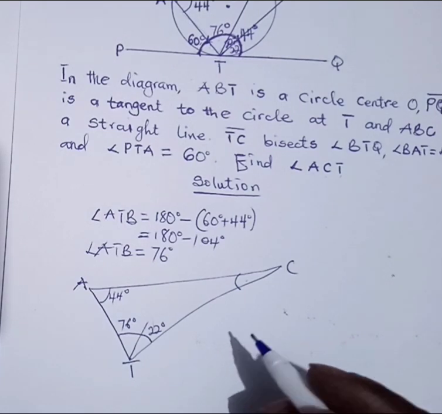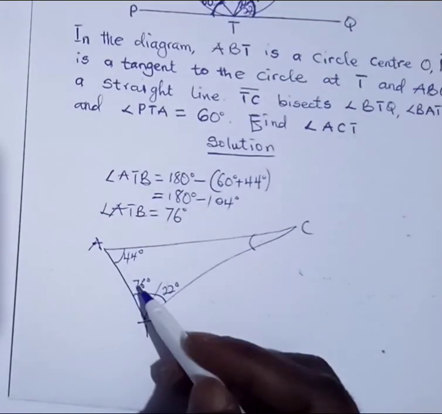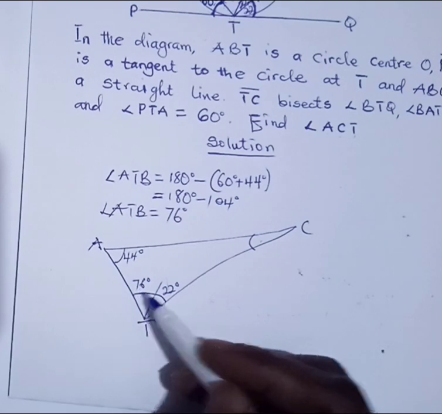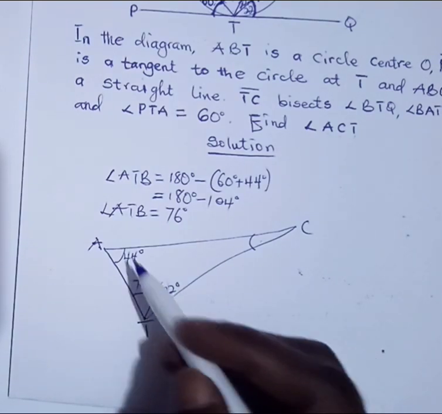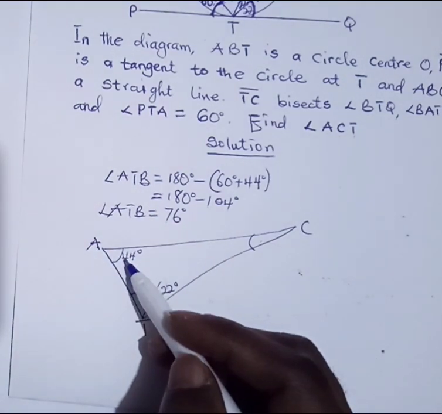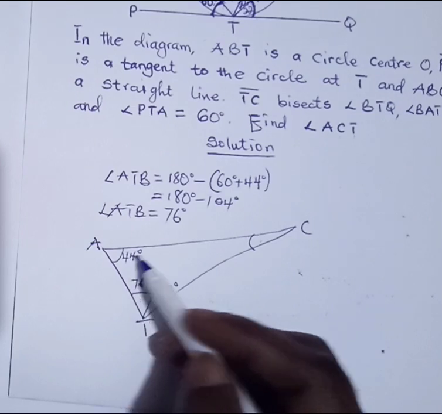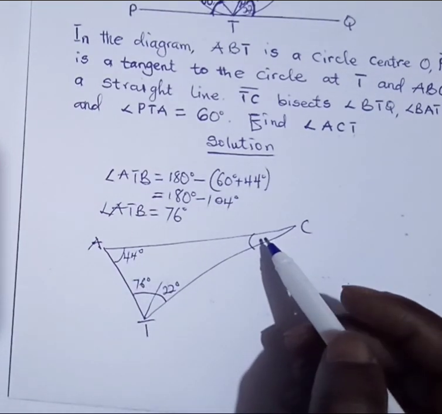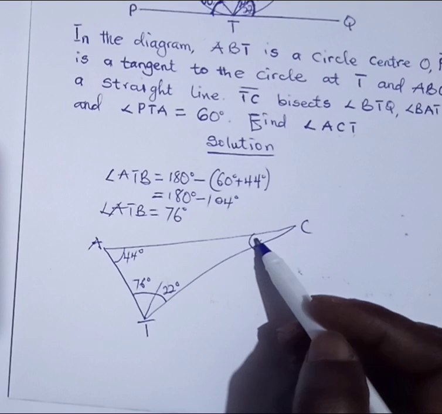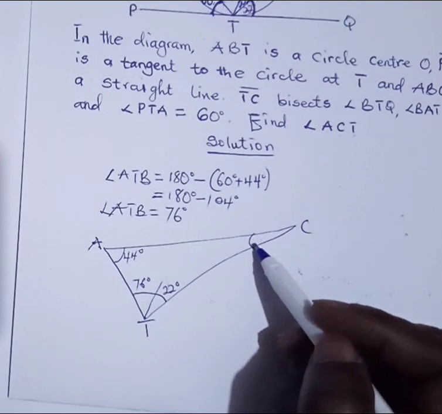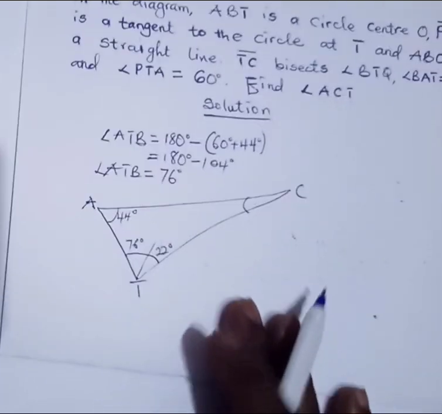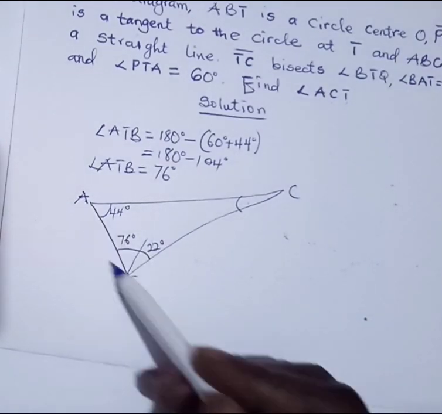Have you gotten that? All right. Once we have here 76 degrees, 22 degrees, and here being 44 degrees, then it becomes so easy for us to find angle what? The angle at C. But how do we find the angle?